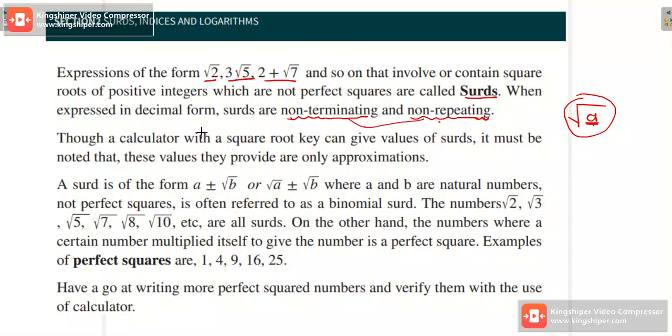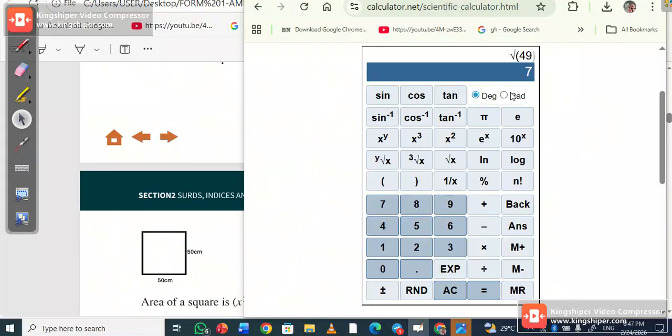Though a calculator with a square root key can give values of surds, it must be noted that these values are only approximations. So this is an example. Let's take square root of 2. We are getting 1.4142135624.